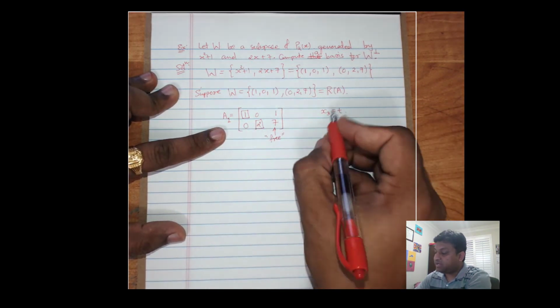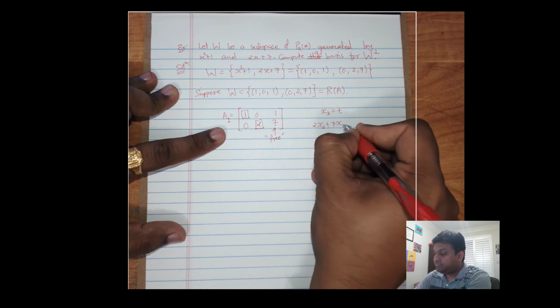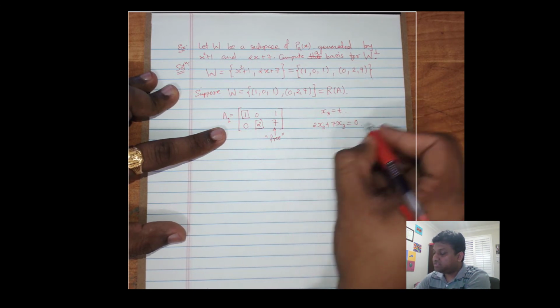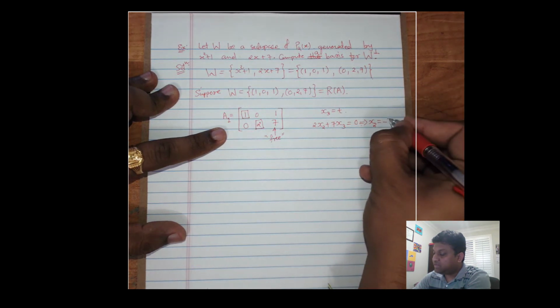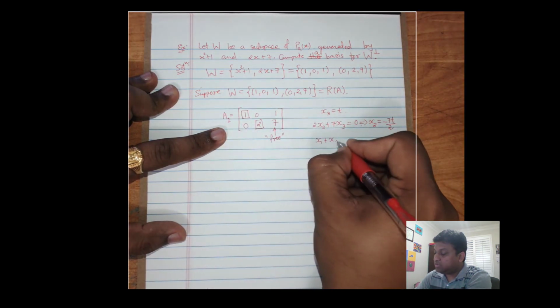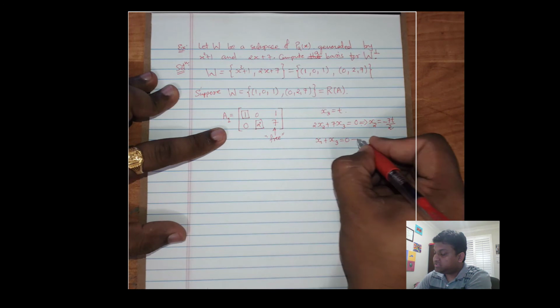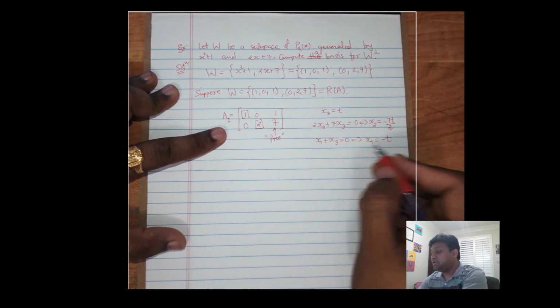I'm going to write down the second equation, 2x2 plus 7x3 equal to 0, and this tells me that x2 needs to be negative 7t over 2. The first equation, x1 plus x3 equal to 0, tells me that x1 must be negative t.